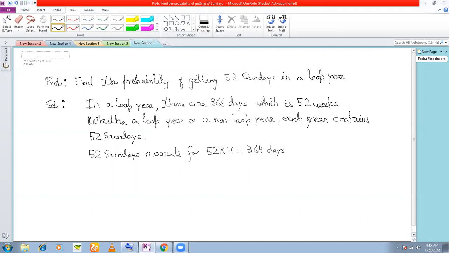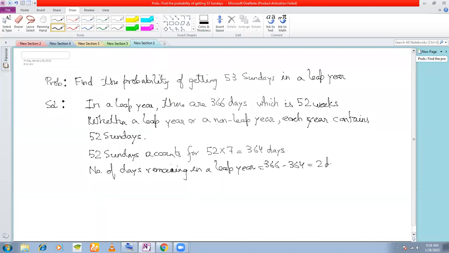Where are the other days gone? How many days remain in a leap year? We have 366 minus 364, which is 2 days, right?